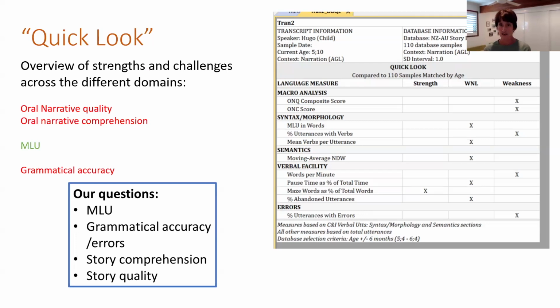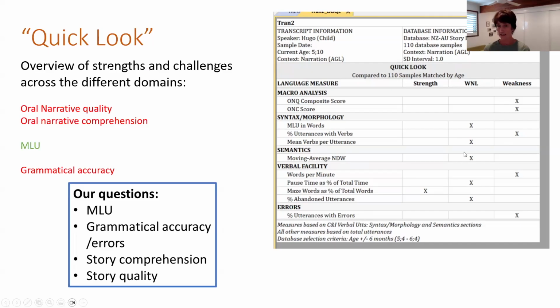And what you can see straight away is if we look at the macrostructure analysis, the child's oral narrative quality and oral narrative comprehension are actually a particular challenge for Hugo. But if we look at some of the syntax and morphology, his MLU in words was within age expectations. Mean verbs per utterance was okay, but he had fewer utterances with verbs than other children. His semantics, we use a moving average number of different words, which uses different windows.